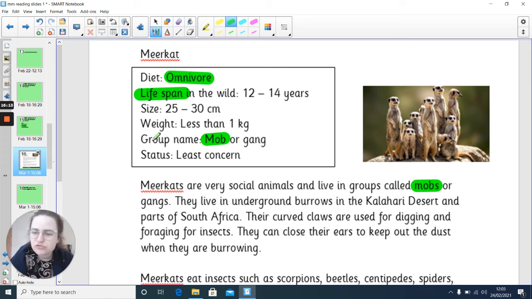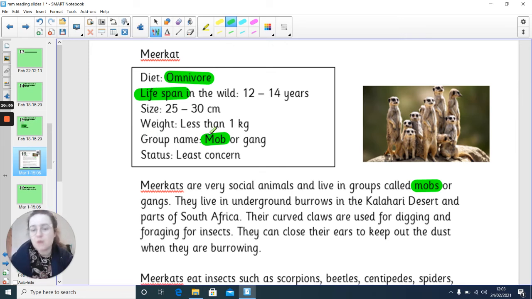Well, I know what a group is. A group is when lots of people are all together, isn't it? But are we talking about people? No, we're talking about meerkats. Maybe a group of meerkats, because the text is about meerkats and it says the group there.